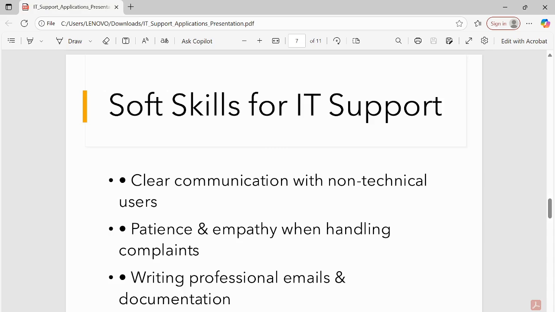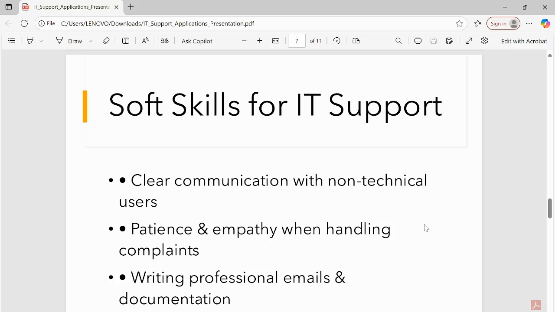And patience and empathy when handling complaints. This is also very important. Sometimes users are very frustrated because issues are going on and they are not able to work. It may be their priority or responsibility to complete their task by the end of the day.